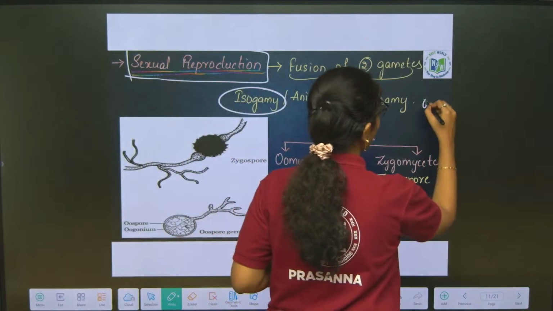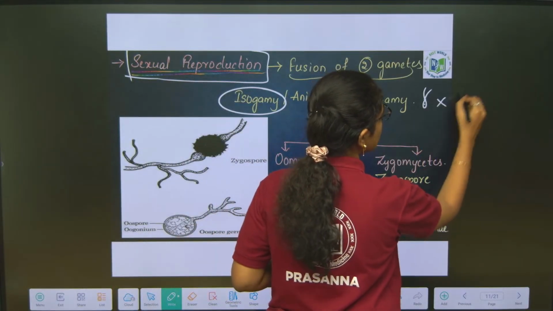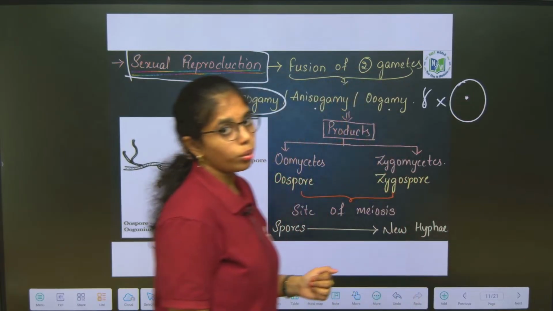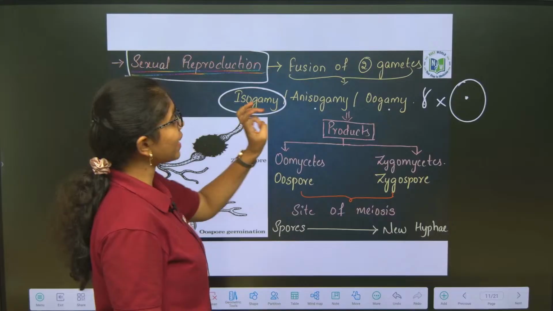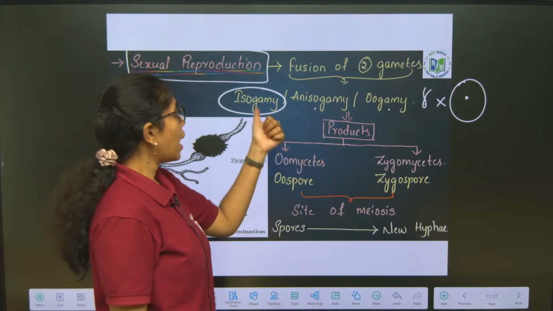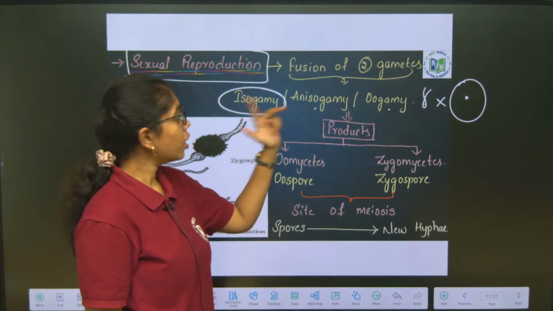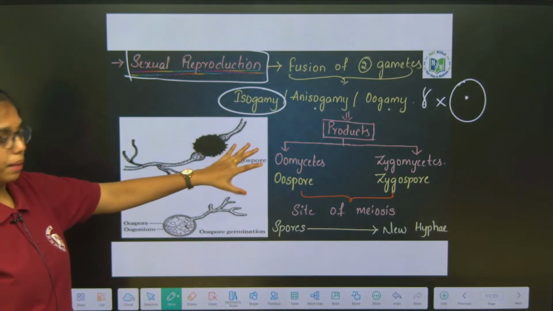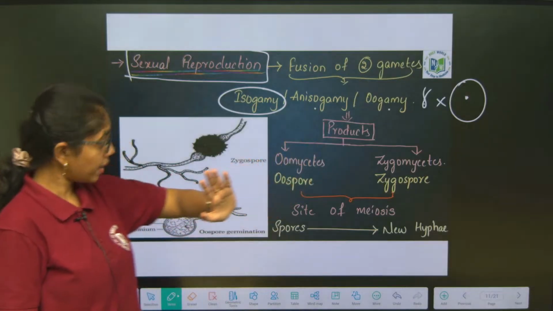Small motile male gamete fusing with large non-motile female gamete is called oogamy. So sexual reproduction can be any of these 3 types: isogamy, anisogamy or oogamy. Here the concept is about fusion of 2 gametes.